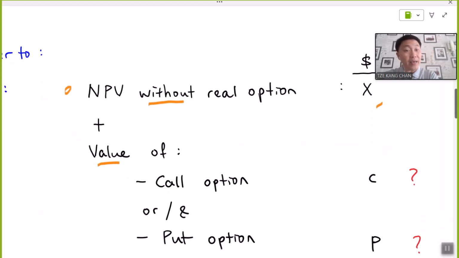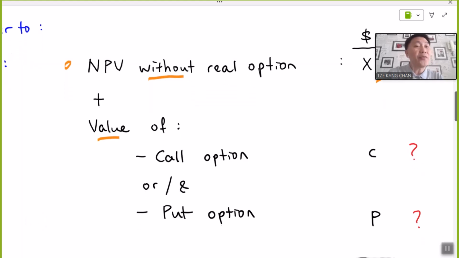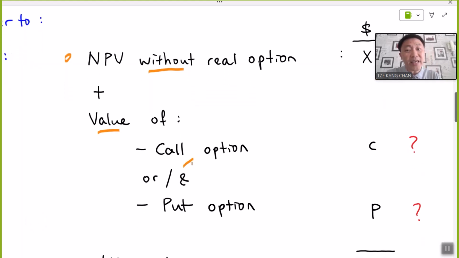Knowing that the flexibility or rights embedded in the project carry value, you have to decide what is the nature of the rights. Is the right equivalent to a call option or a put option, or would the project contain both options? You then have to derive the value of the option respectively.